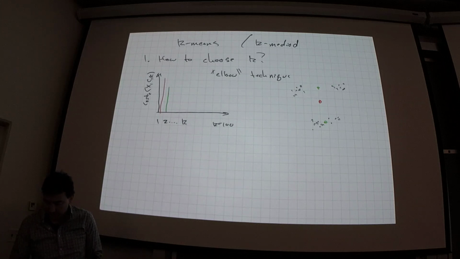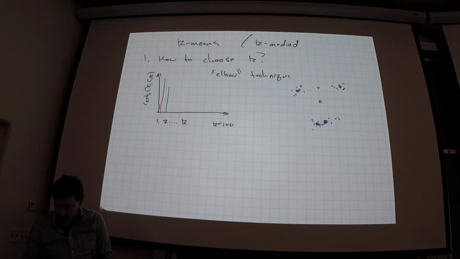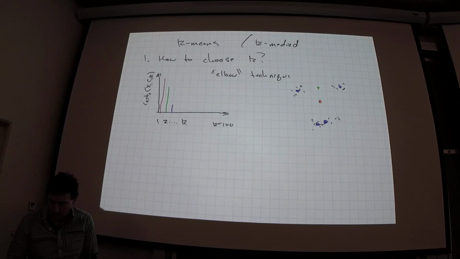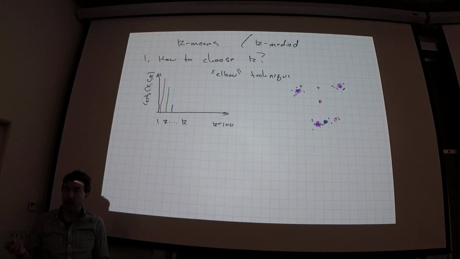And then if I pick 3, it's going to be here. Maybe 3 is on top of here. So then maybe the cost is going to be even smaller here. Then what happens if I pick 4? For 4, it might be like this. So it's smaller.